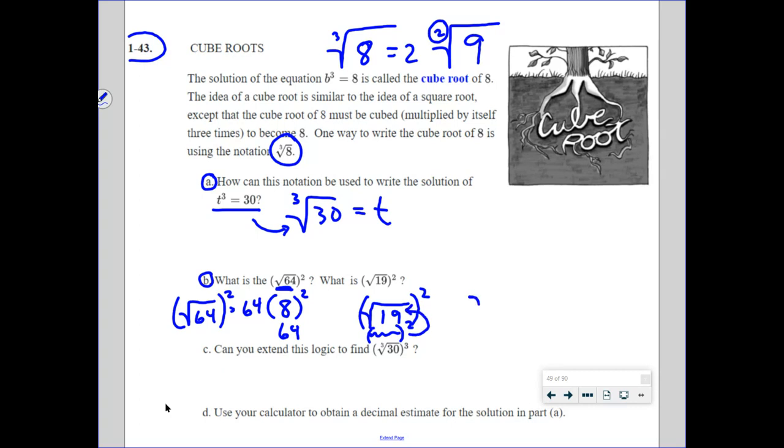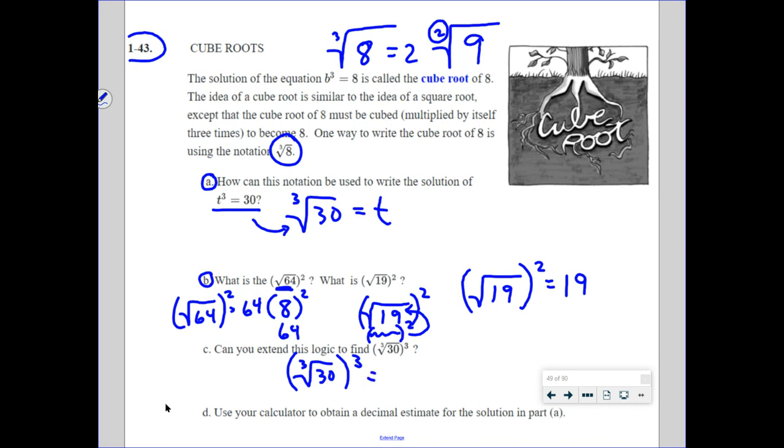Therefore, the square root of 19 squared equals 19. Now, what does that mean? Well, what would happen to the cubed root of 30 cubed?